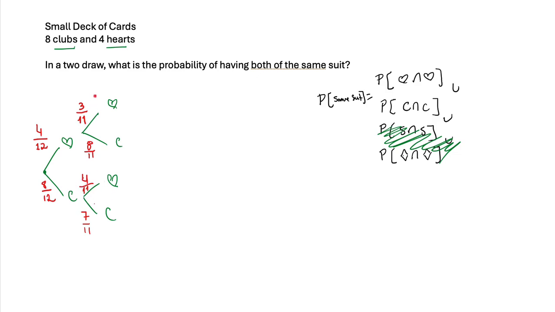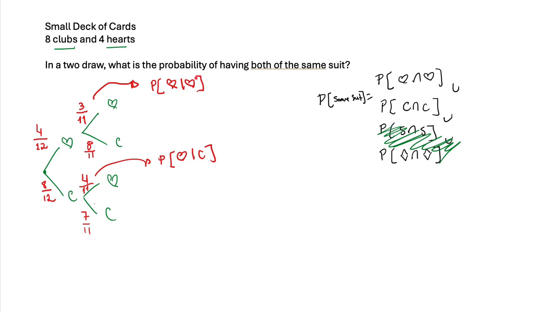Now look at this. You can see that the conditional probabilities are different, right? So this is the probability of hearts given that I had hearts, and this is the probability of hearts given that I had clubs. And they are different. So meaning that the event that happens first changes the likelihood of what's going to happen next. Okay? Now what's the question?